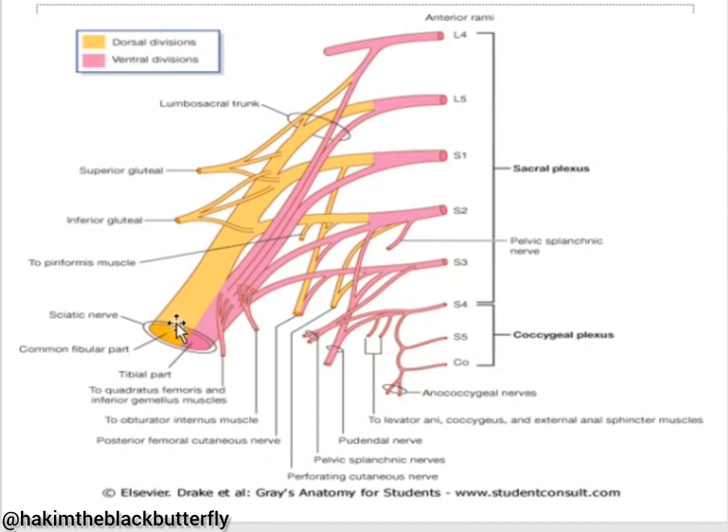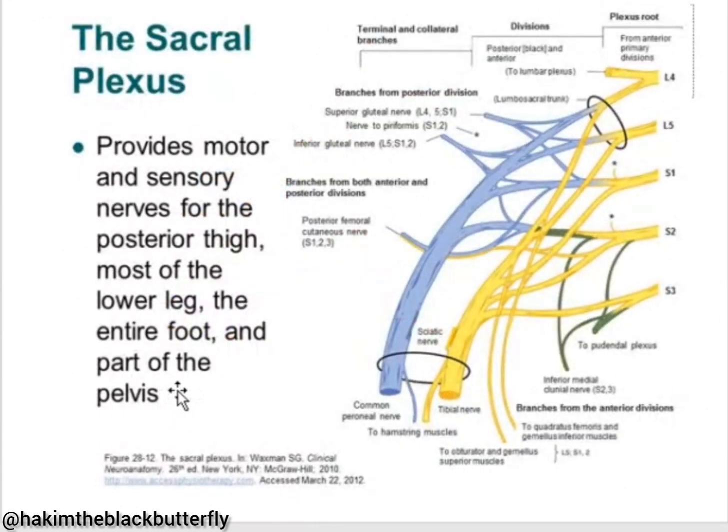The sciatic nerve is one of them, the nerve to inferior gemellus, the nerve to obturator internus. And there are other nerves known as the inferior gluteal nerve, which supplies the gluteus maximus, and the superior gluteal nerve, which supplies the gluteus minimus.